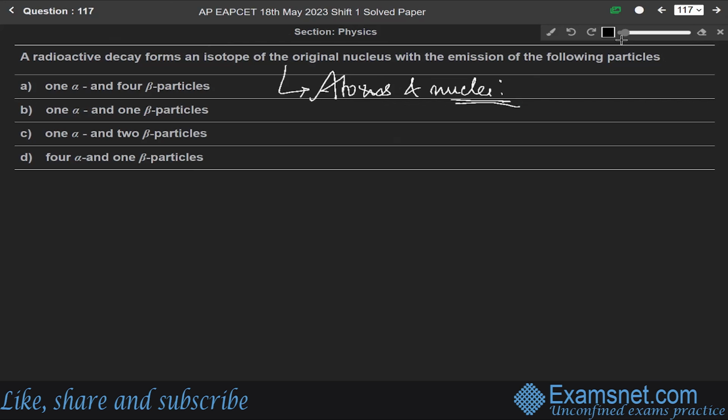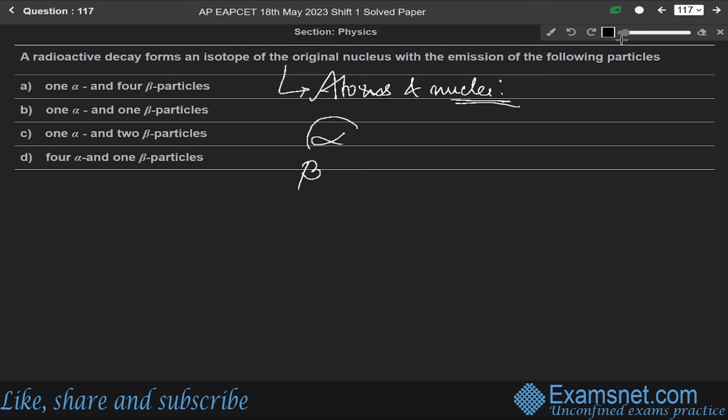So from this, we know that on emission of an alpha particle from a radioactive nucleus, the atomic number decreases by 2 units, and on emission of a beta particle, the atomic number increases by 1 unit.